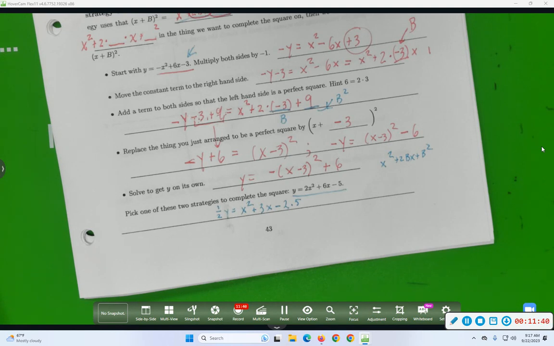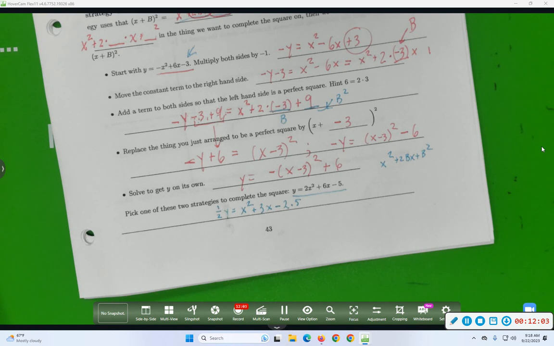We now see an x squared showing up. The next piece I want to see is 2 times b times x. Is 3 2 times something? Yeah, it is. 1.5, or 3/2 if you want to be really silly. 3 is the same thing as 2 times 3 over 2.